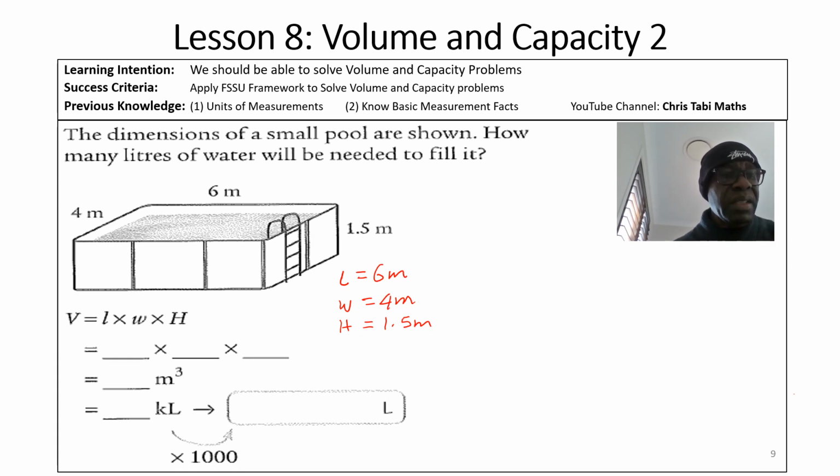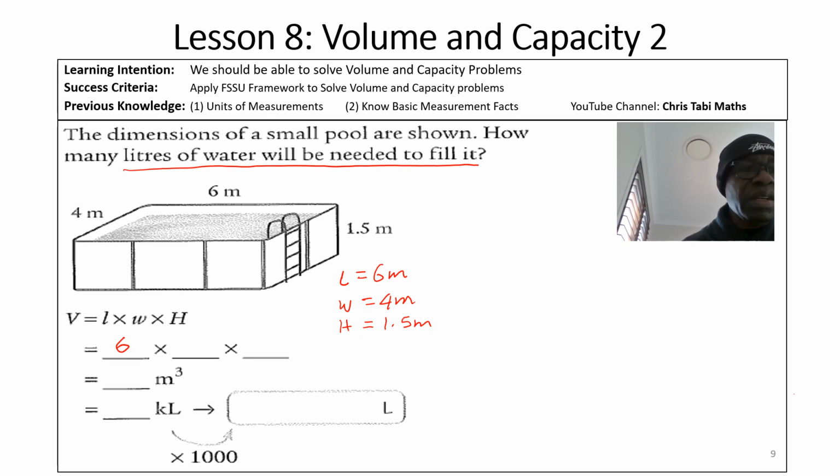What we want is the capacity. These are the dimensions. We want how many liters of water would be needed to fill the swimming pool here. That's the formula given.